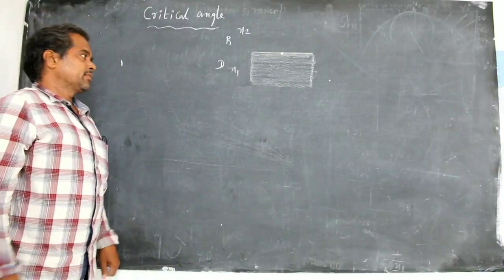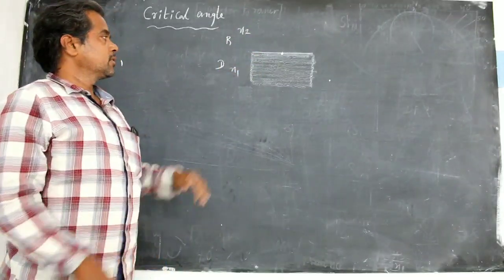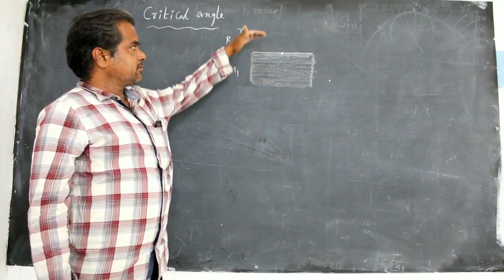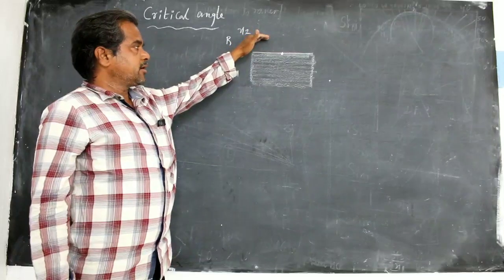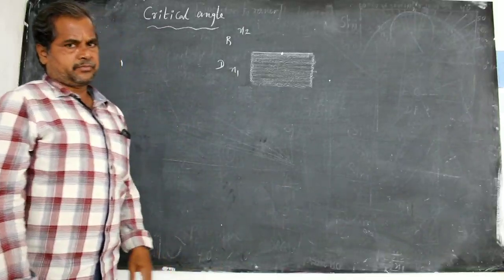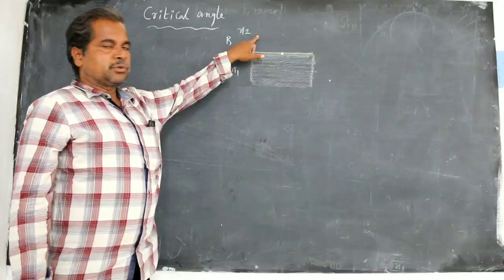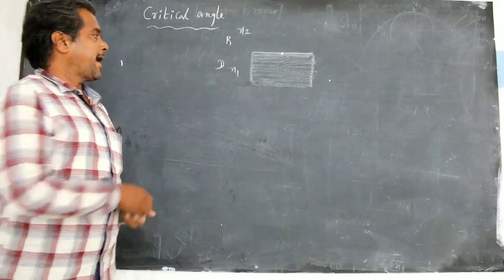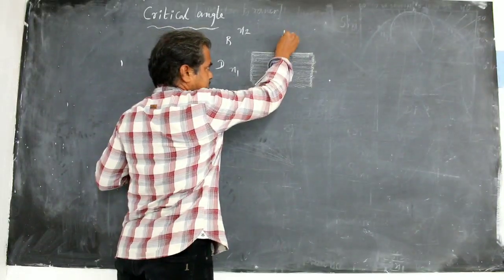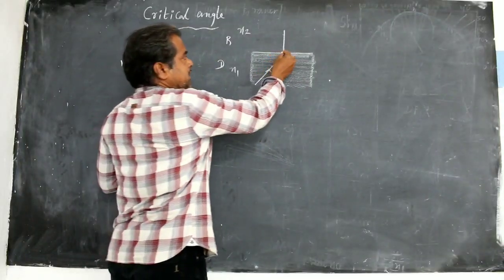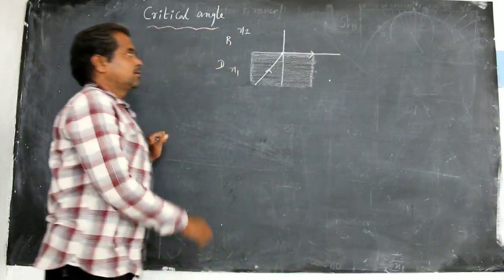Any light ray which travels from denser medium to rarer medium. We have already known that any light ray which travels from denser medium to rarer medium, the corresponding refracted ray moves away from the normal. But in this situation, any light ray which travels from denser medium to rarer medium at a particular angle of incidence, the corresponding refracted ray grazes through the interface of two media.